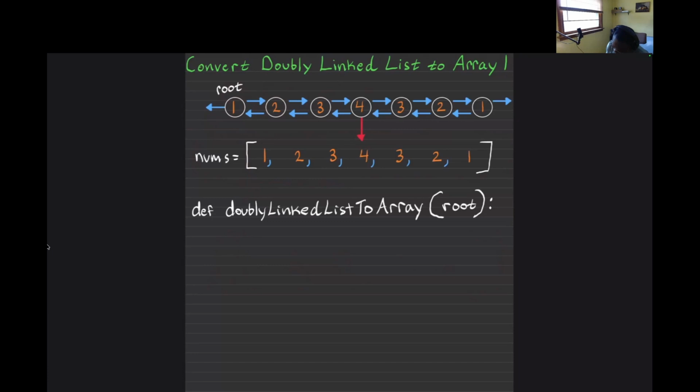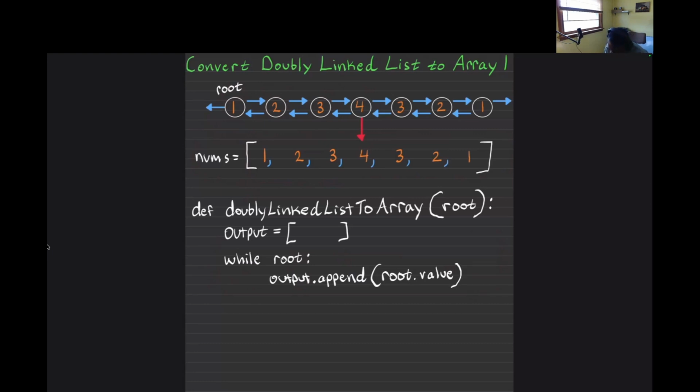But anyways, next up, we're going to create our output array. So I'll just say output is equal to this empty array here. And then while there's a root, so while root, we're going to simply say output.append root.value, right?